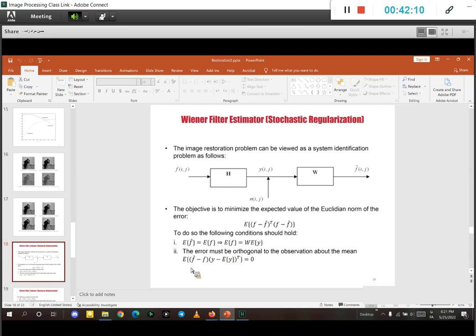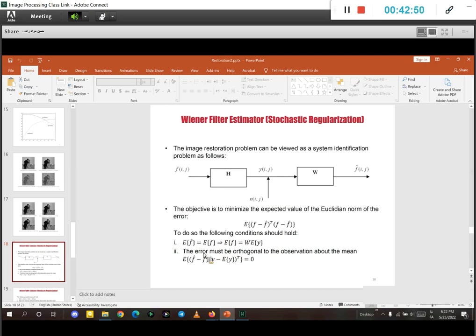Observation about the mean. That means the expected value of f hat minus f, dot y minus the expected value of y, transpose, is 0. This is y, and this is the mean of the output y. This is the deviation, and this expected value is 0.